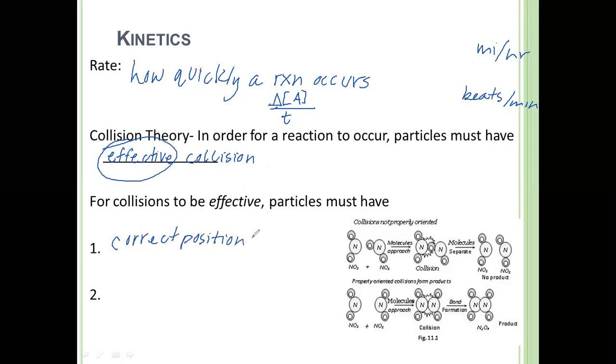You could say the word orientation. So like in this picture here, when they bump into each other, they're not properly oriented, so they just bounce off. In this one, they are properly oriented, so you get a bond forming.